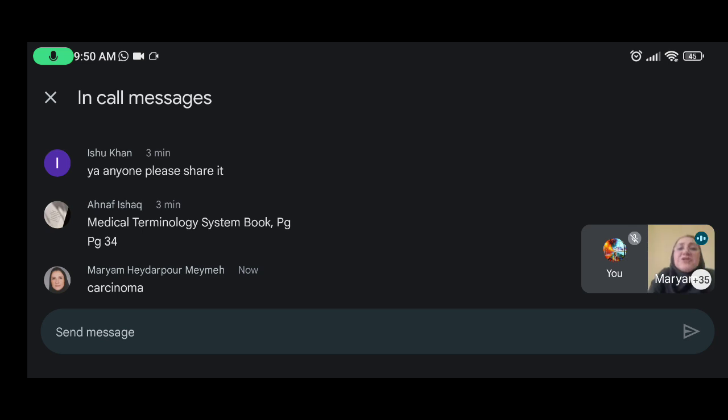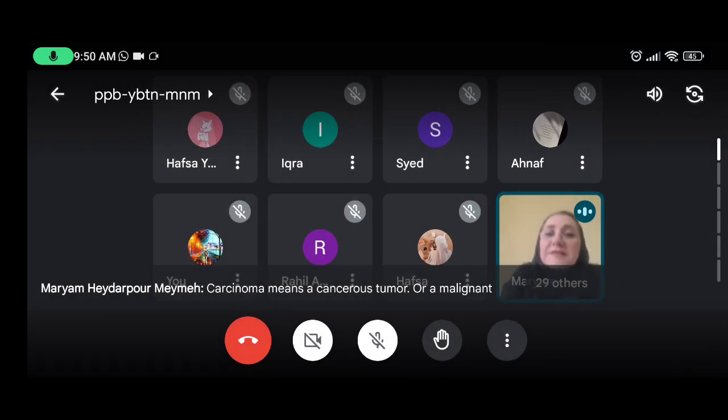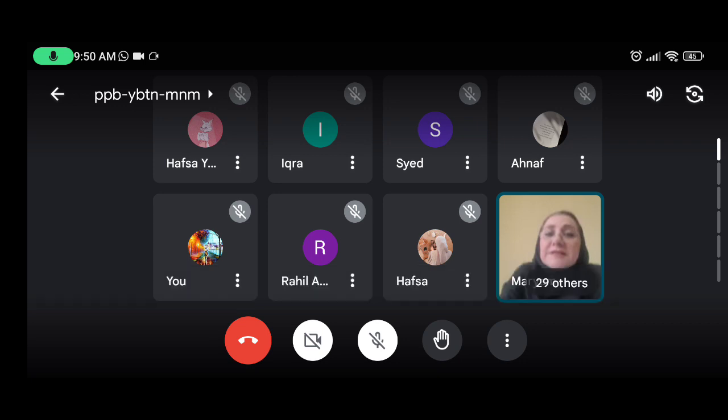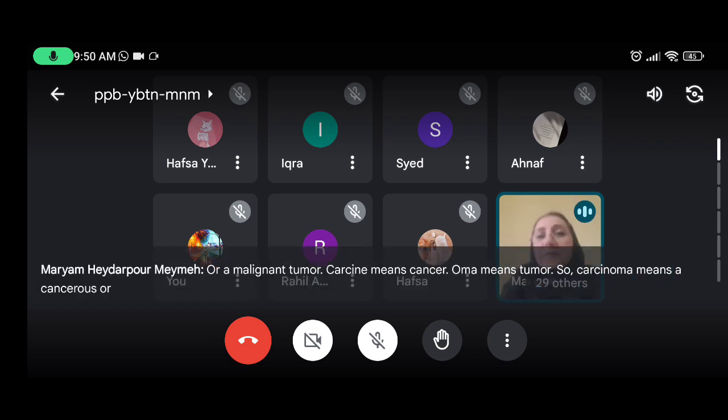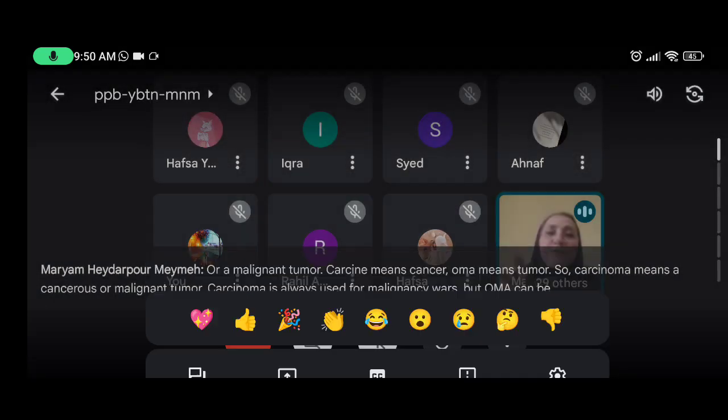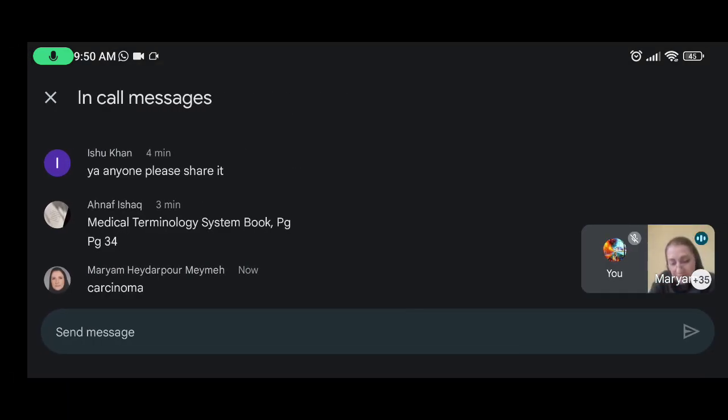Carcinoma means a cancerous tumor or a malignant tumor. Carcinoma is always used for malignant tumors, but oma can be used both for malignant or benign tumors. So nephroma, as we said, neph means kidney. So nephroma means tumor of the kidney.